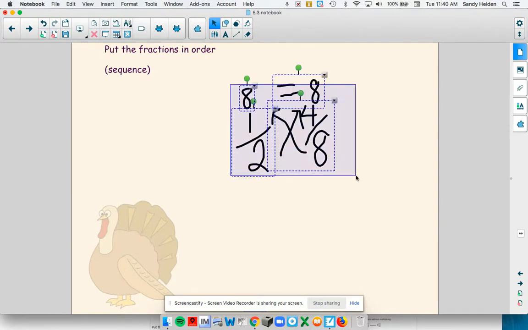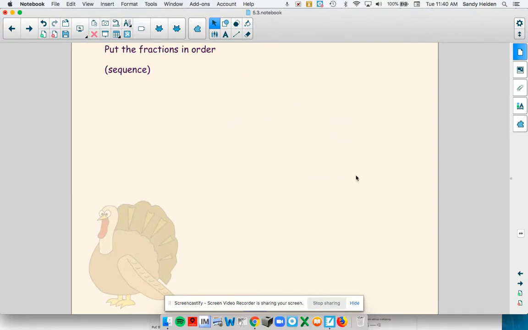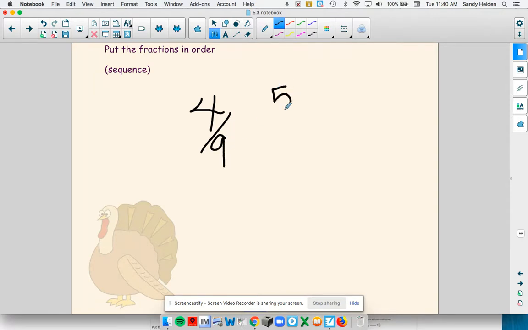To put in order means to sequence. Like if you sequence a story, you put it in order. If you sequence fractions, you put them in order. So we're going to see greater than or less than fits in here.